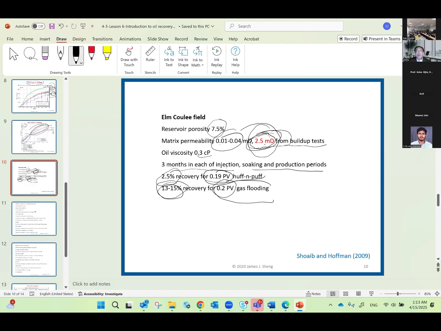In conventional reservoirs, actually most field projects are flooding instead of Huff-n-Puff. So this slide also tells us Huff-n-Puff injection mode or production mode only applies for shale or very tight reservoirs.